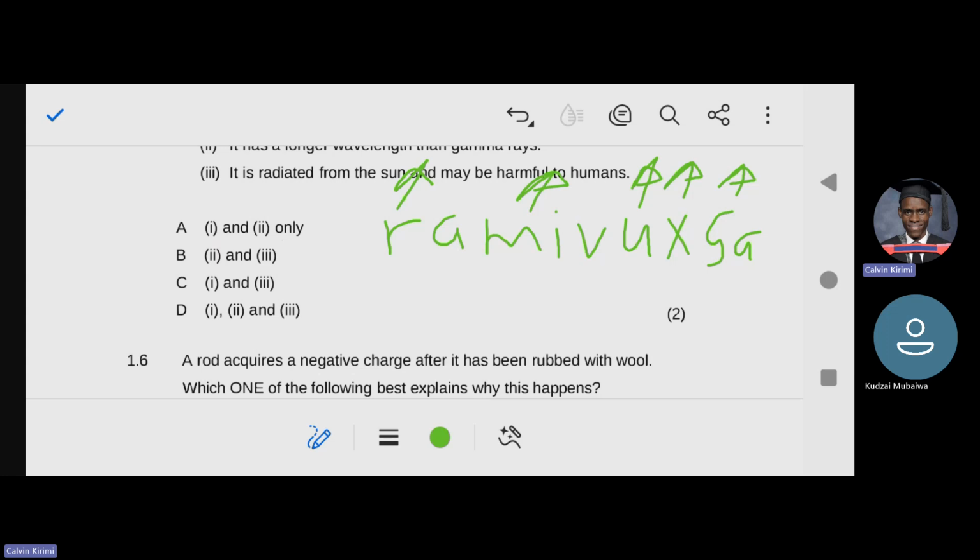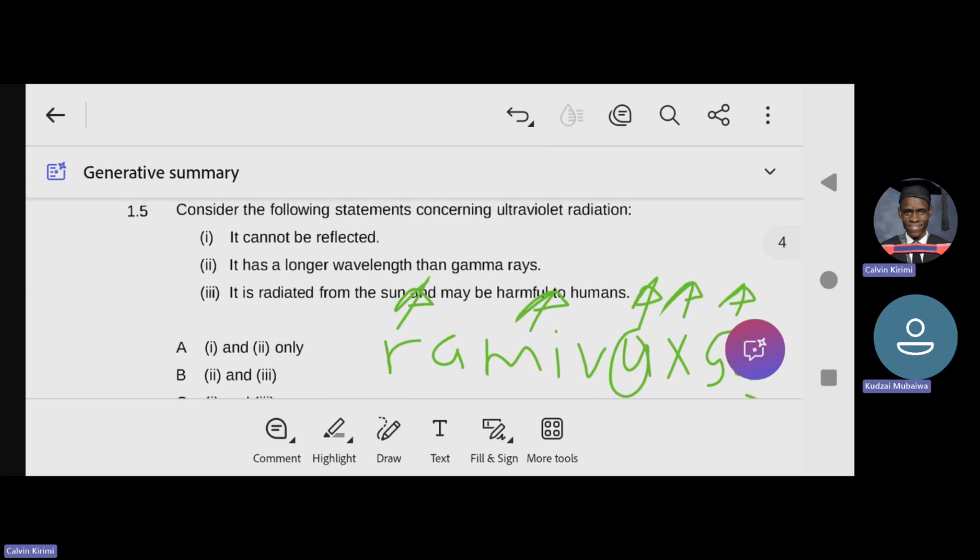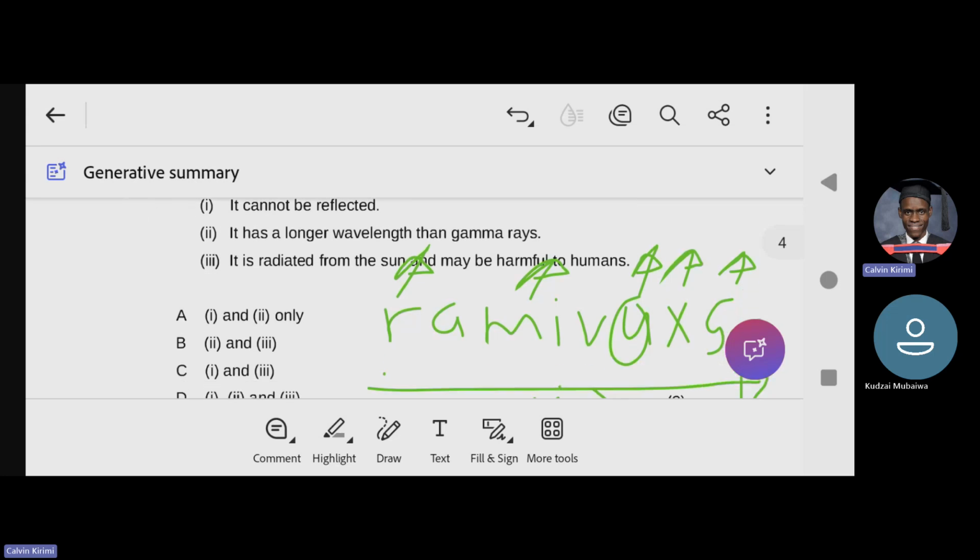So gamma rays is longer than the ultraviolet waves. So your wavelength, lambda, is increasing from left to right. Once you know that gamma rays have a longer wavelength, then saying ultraviolet has a longer wavelength than gamma is a wrong answer.